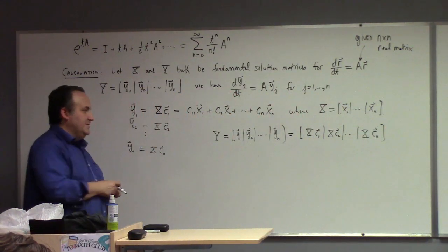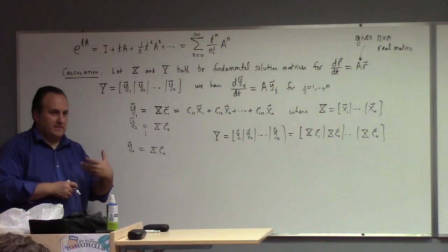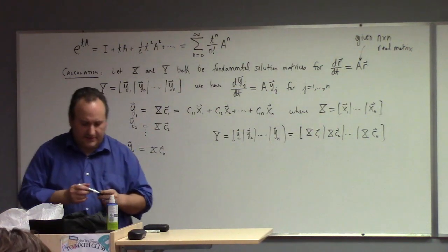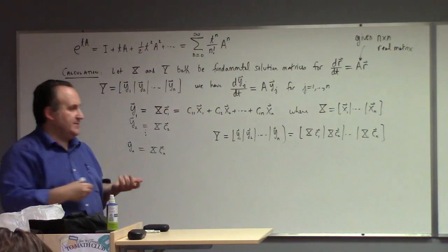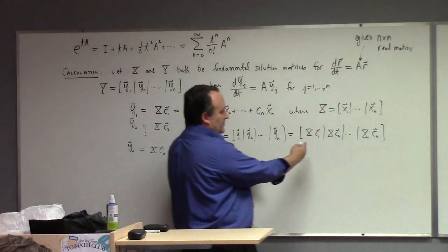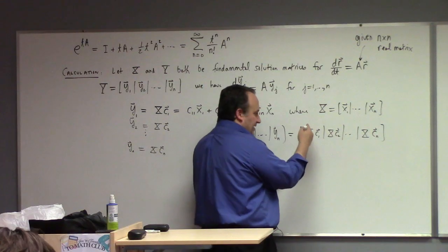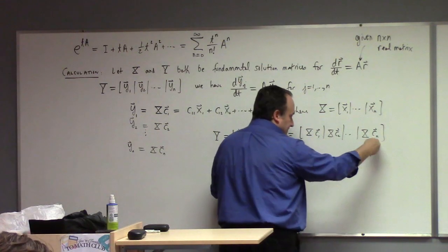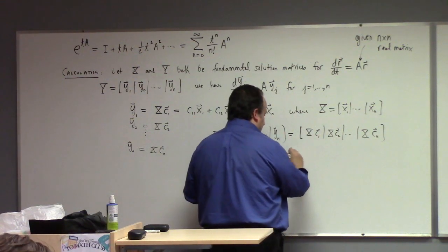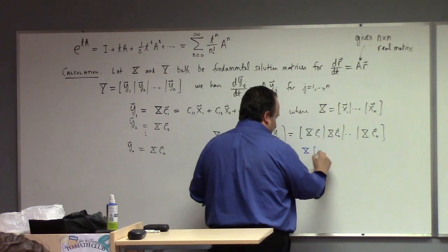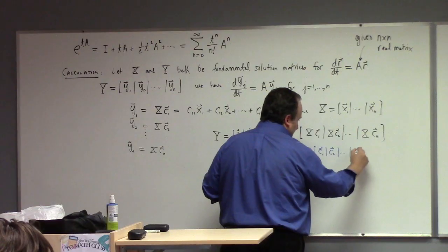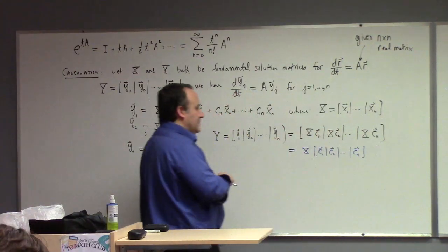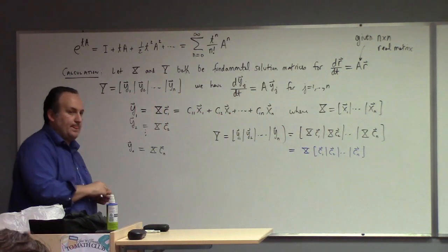And now is where we need a really important linear algebra fact, which is the way matrix multiplication works. When you have the same matrix multiplying each column like this, you can factor it out like that. I call this the column by column matrix multiplication rule.